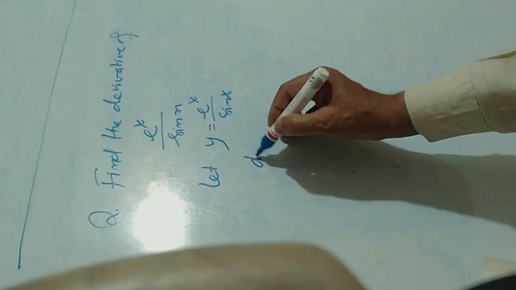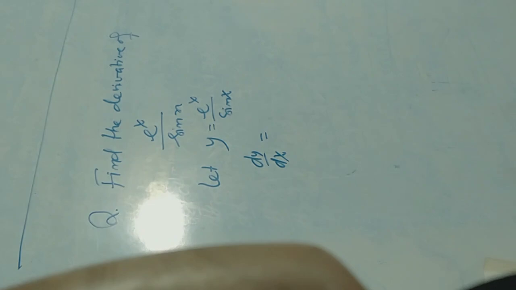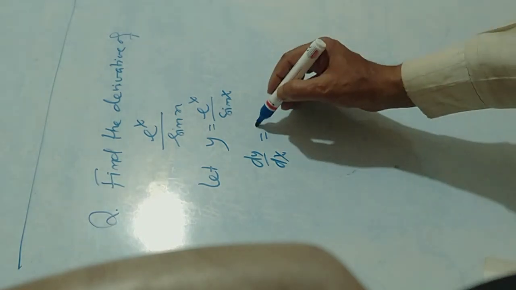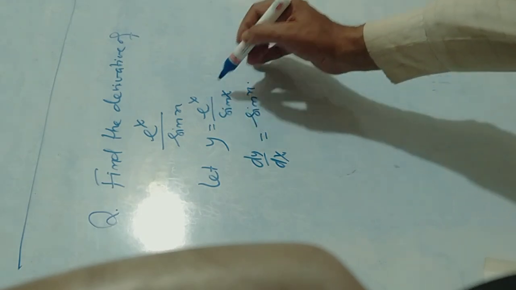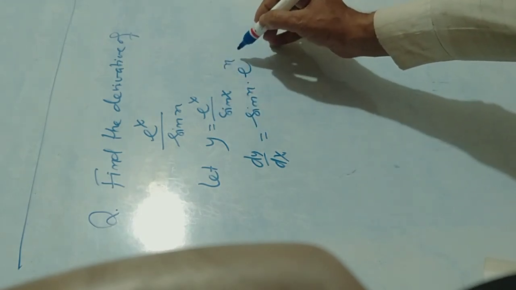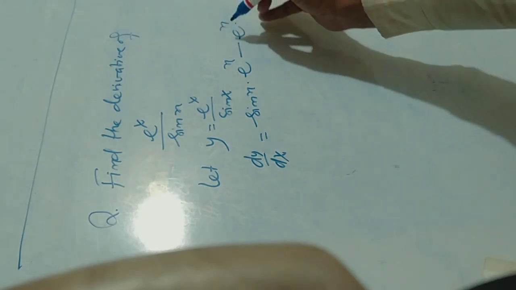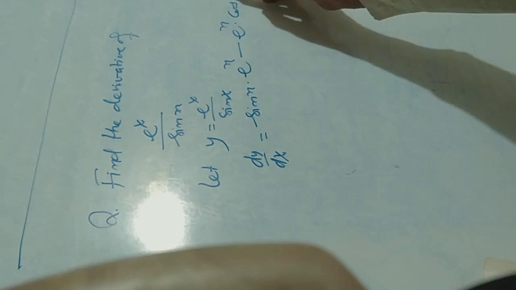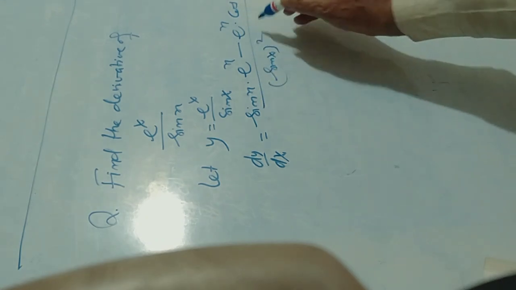Okay, dy/dx is equal to, using quotient rule, sin x into d/dx of e power x, so e power x, minus e power x into d/dx of sin x, cos x, whole upon sin x whole square, sin square x.